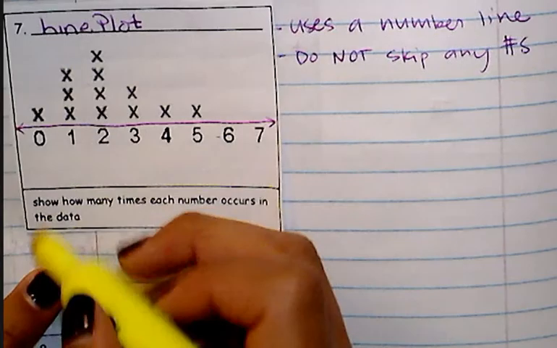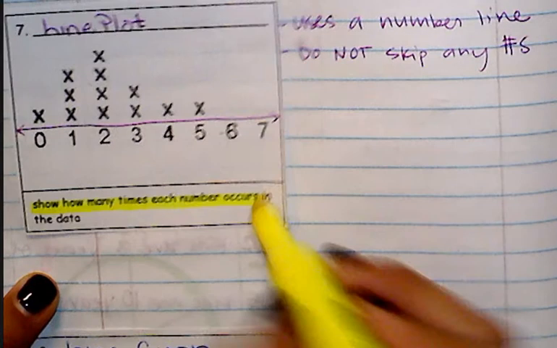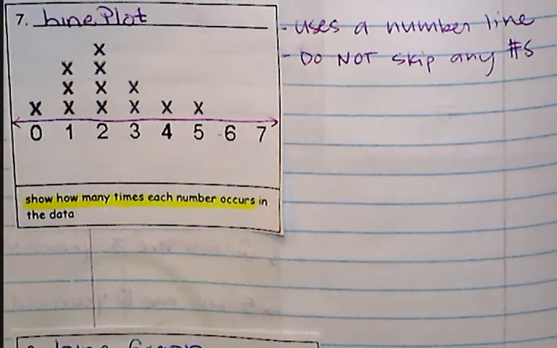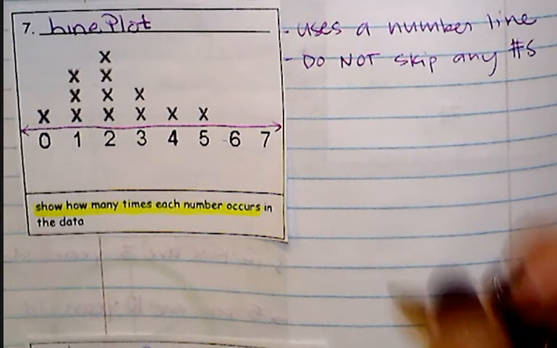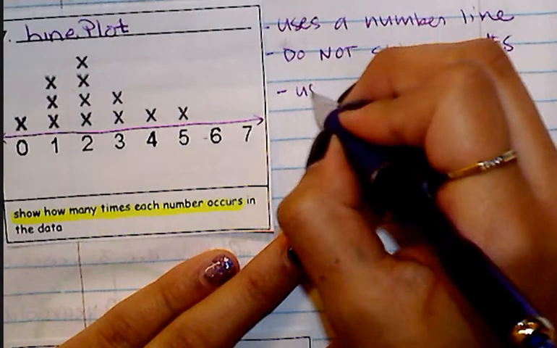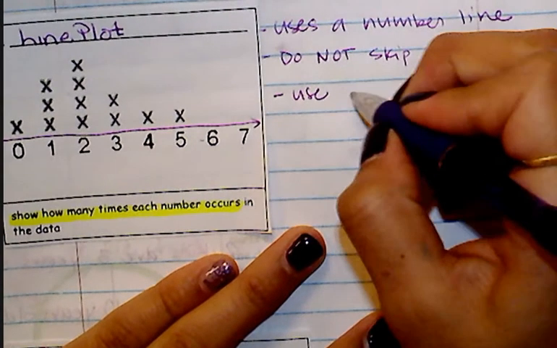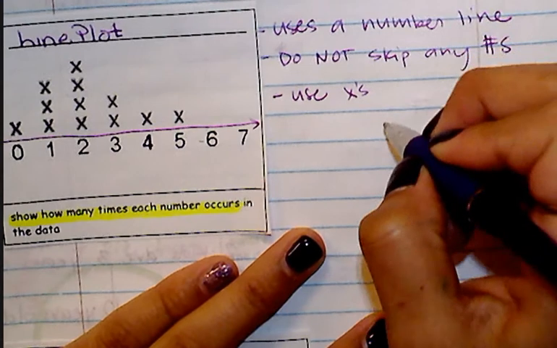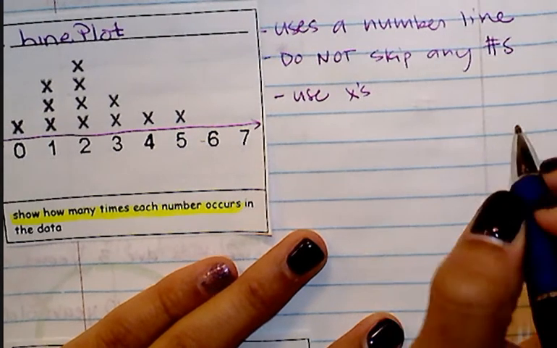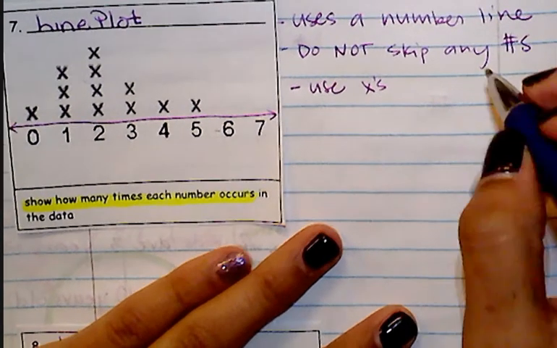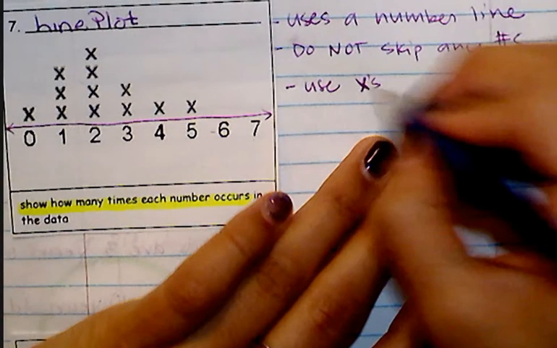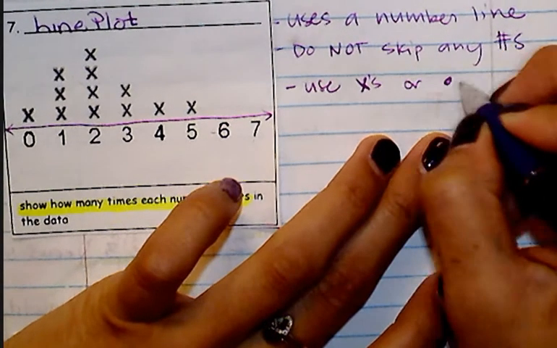I remember you telling me that it's not always going to be X's. Right. We can use X's, or what else do you feel like using? Could it be a dot? We use dots, yeah. So use X's or little dots to show.